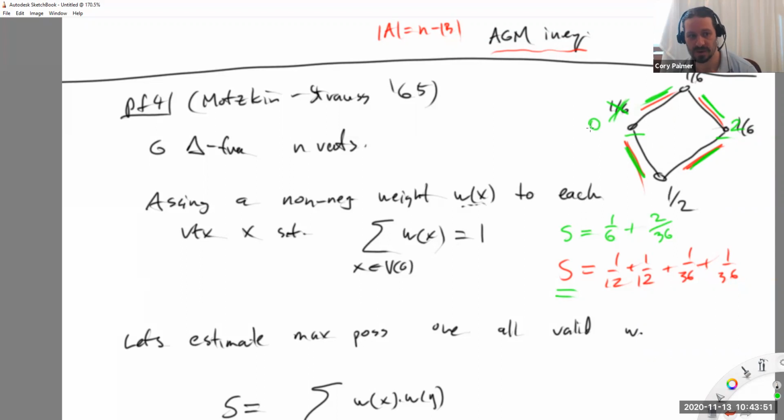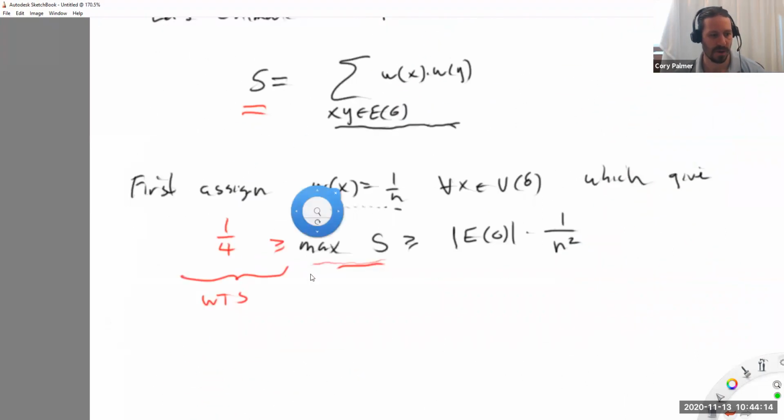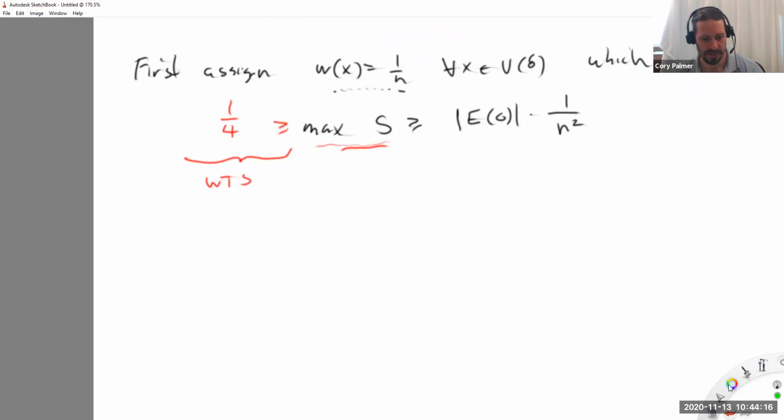But this shifting, turning this to 0 and increasing this by the amount, didn't decrease S. Okay, so I'm going to prove in just a moment that that's okay, and then we're going to do it as many times as we can. And notice that shifting does not violate this quantity here. I lost 1/6 and gained 1/6. So the sum over all vertices remained 1. Okay, that's important, right? You can't change this function. Okay, so that's called the weight shifting technique.